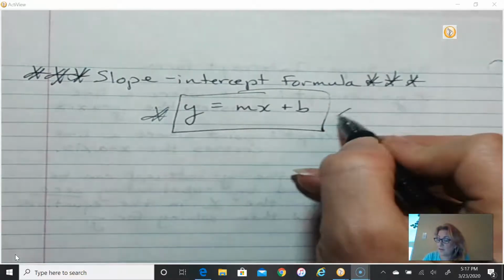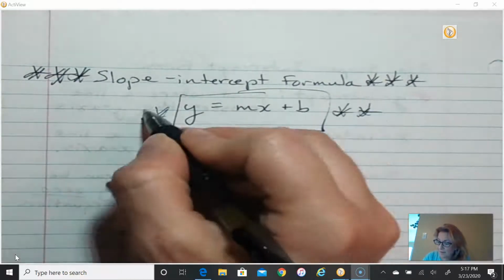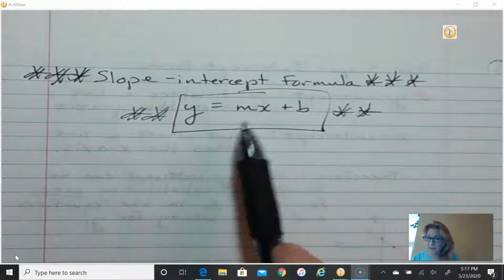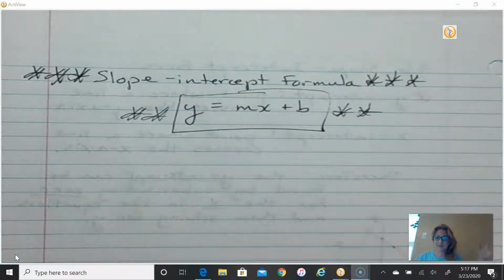See, look at all these stars. What does that tell you? It's pretty important, okay? That slope-intercept formula, guys, the only way to graph a line or inequality or anything is by that formula. That's it. You can do it some other ways, but they don't always work.